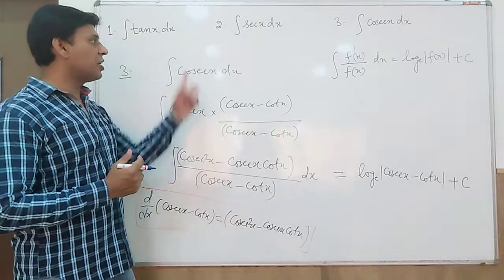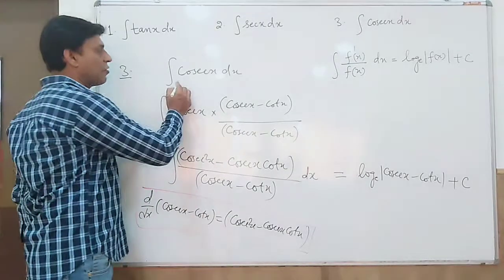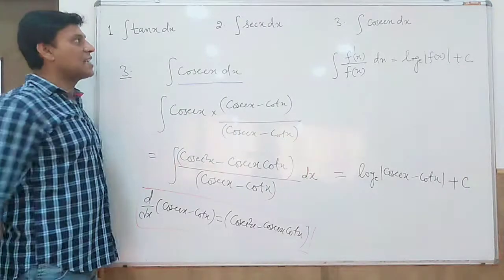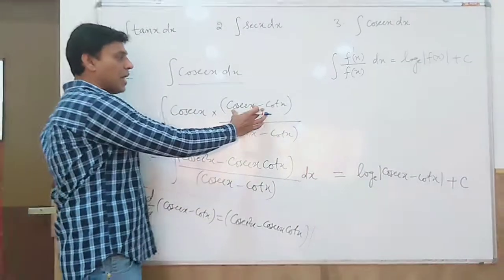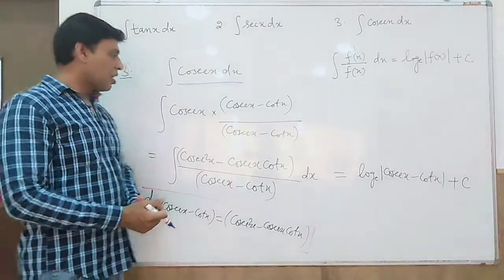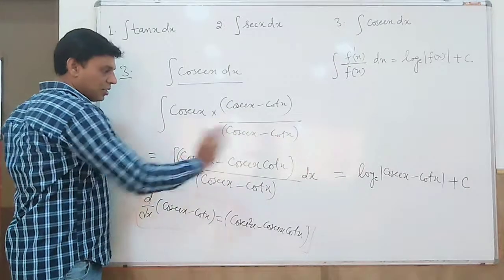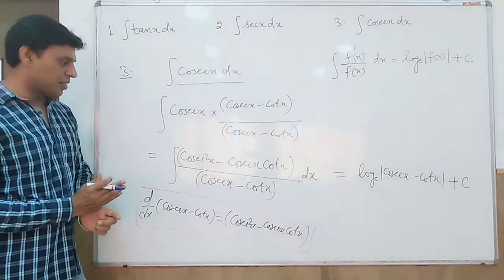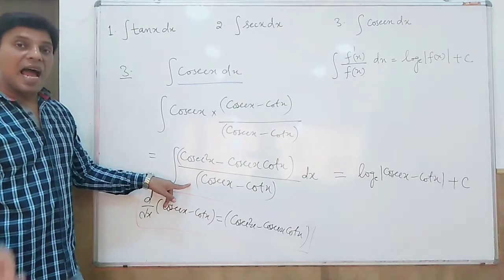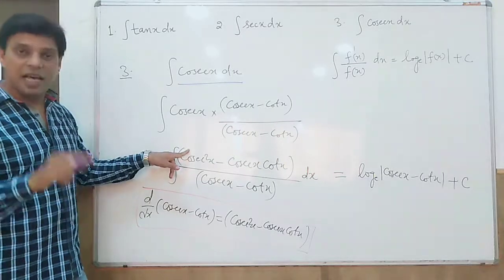Now the third question, cosec x dx. We have to integrate this cosec x dx. Similarly, as we did for sec x, we will multiply by cosec x minus cot x and divide by it. Now you have to see the situation: we have a function f x in the denominator and its differentiation in the numerator.